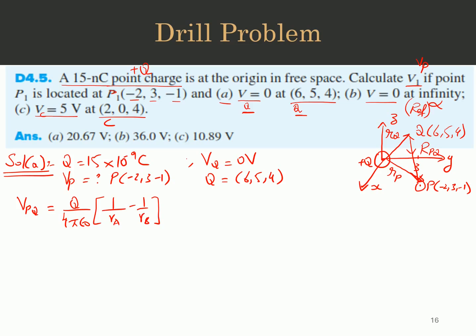So what is RA and RB? I can replace RA and RB with RP and RQ. We know that these are the distance vectors from the origin, where the source charge is, towards points Q and P. So this is the final equation 1 where we need to input everything. In order to do so, we need to figure out a few things.